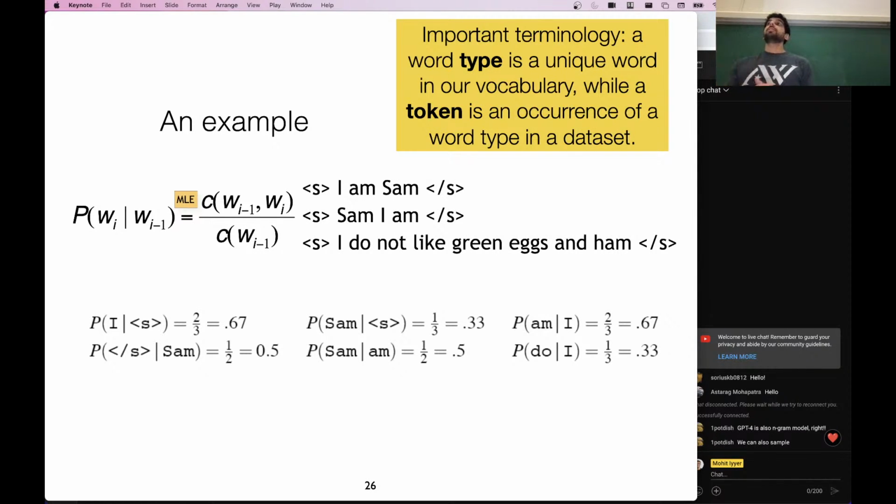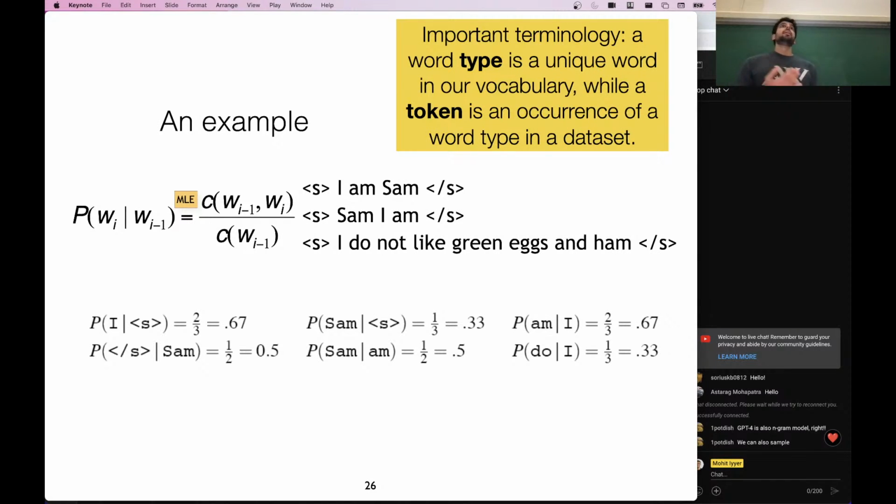One thing that is very important to distinguish, in terms of terminology, is a word type versus a word token. A word type is what we use to refer to any unique word in the vocabulary. So start of sequence, I, am, Sam, end of sequence, do, not, like, green, eggs, and, ham. Maybe there are about 10 unique words in this corpus, which means I have 10 word types.